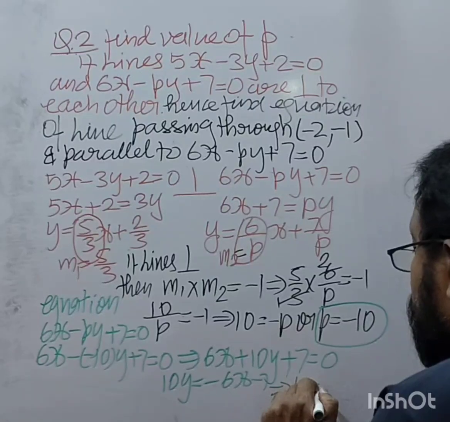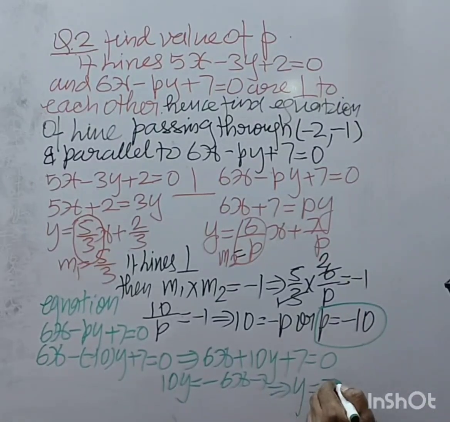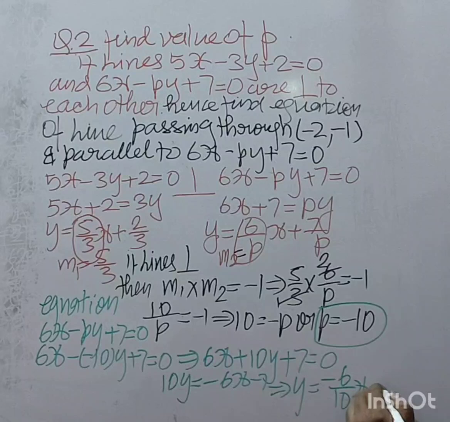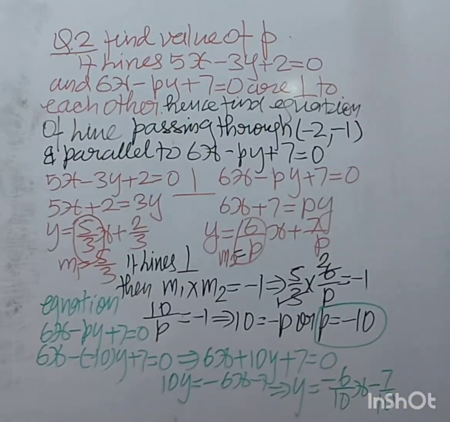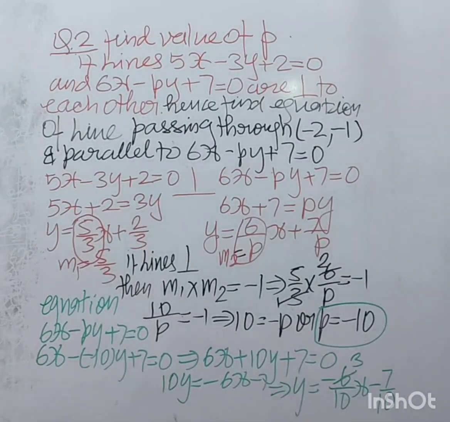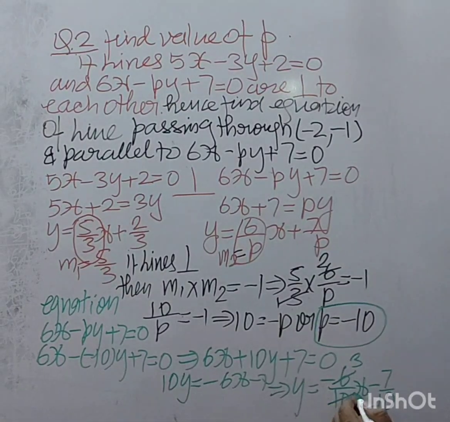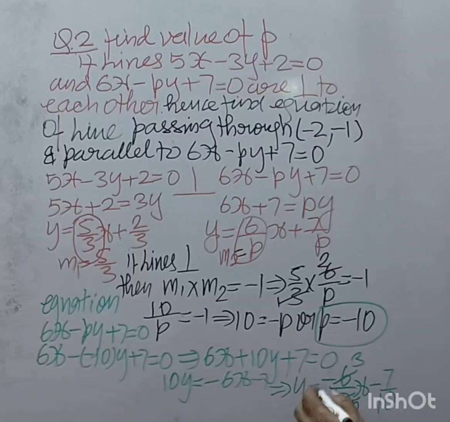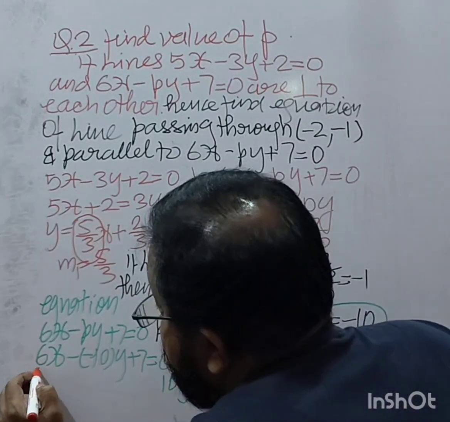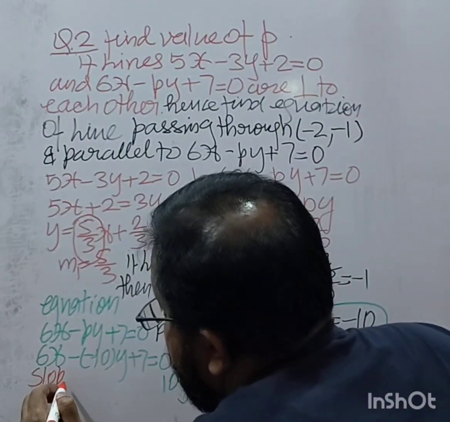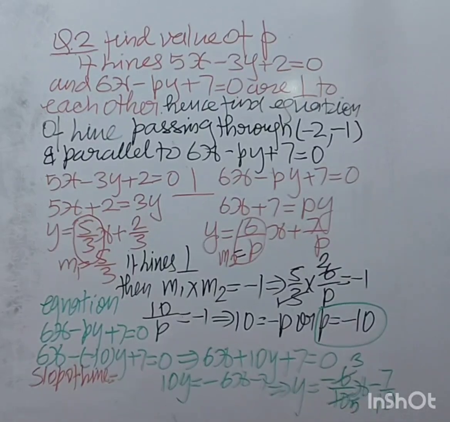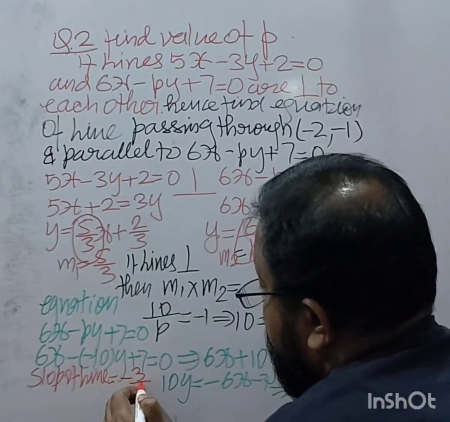So we get y is equal to minus 6 by 10 x minus 7 by 10. So slope of this line is minus 3 by 5.